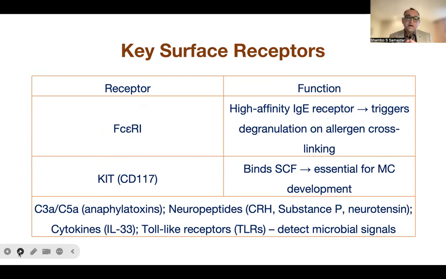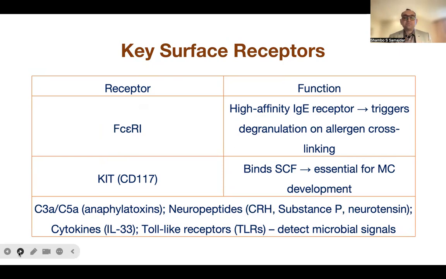And there are multiple receptors for anaphylatoxins, neuropeptides, cytokines, and toll-like receptors, which detect microbial signals, and they also play their role on the mast cells.